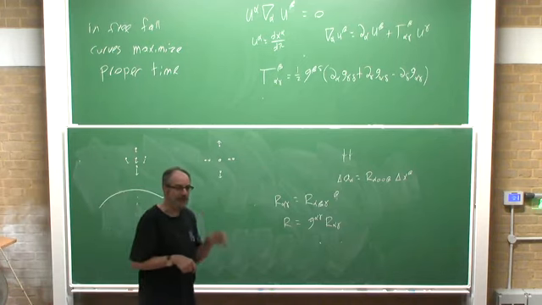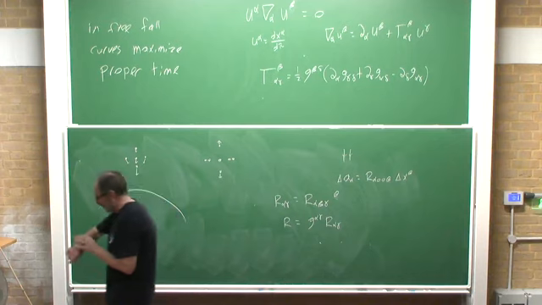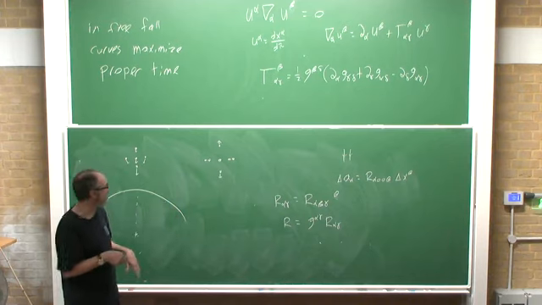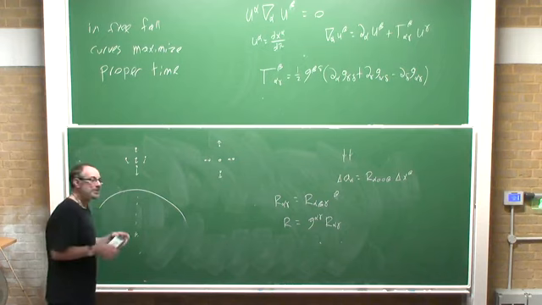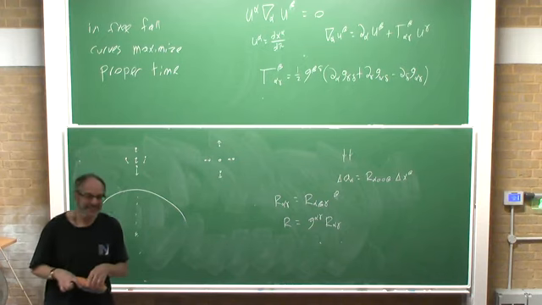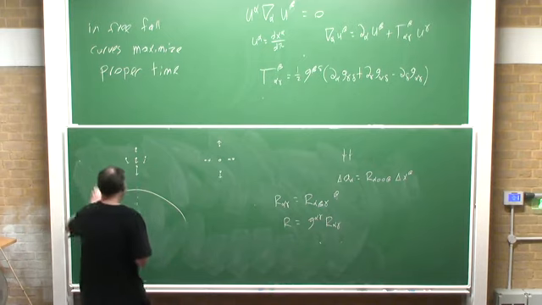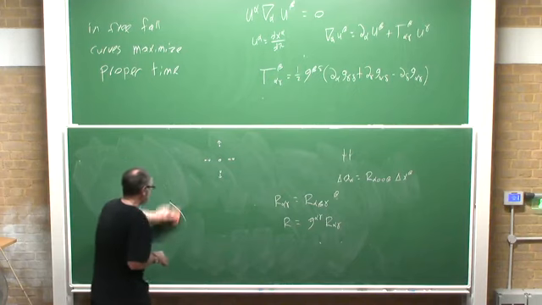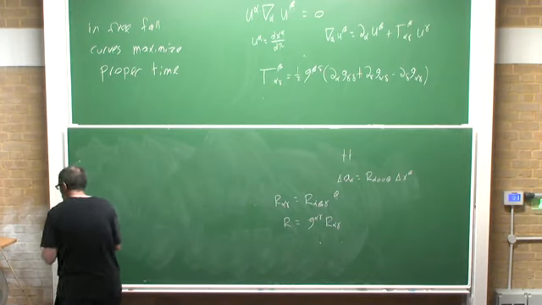I've told you that once you know the metric, then you know how stuff falls in the gravitational field. But the question is, how do we find the metric itself? What is it that determines that? That is the problem that Einstein wrestled with in the years leading up to the end of 1915, when he finally came up with an answer.